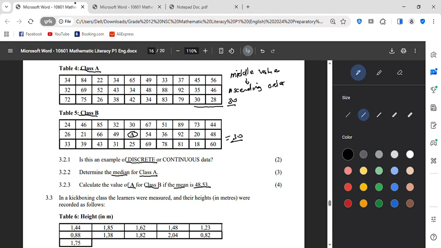So you are going to add all these figures from 24 up to 60. All of them, you add them, you add them. Let's add.